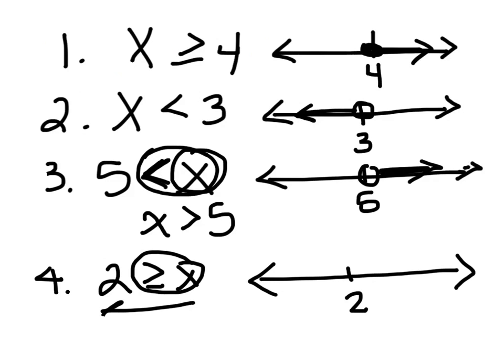So I can read it backwards like that. Or I can rewrite it, but if I rewrite it, I need to make sure that my inequality sign is facing the same direction. The little side is facing the x, or the variable, so I need it facing it when I rewrite this, and it's going to be 2. So I'm going to have x less than or equal to 2.